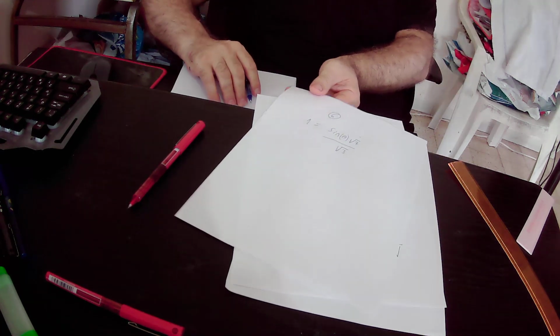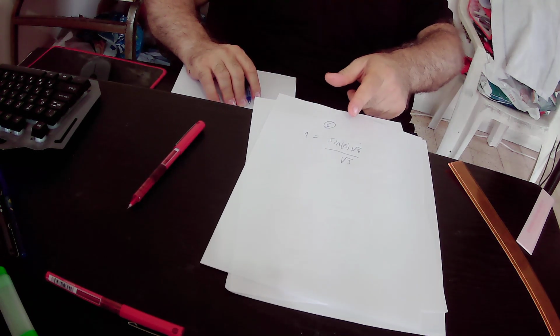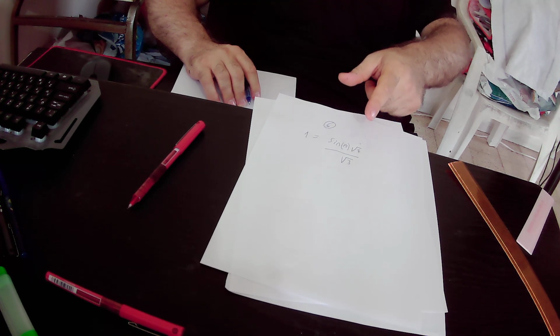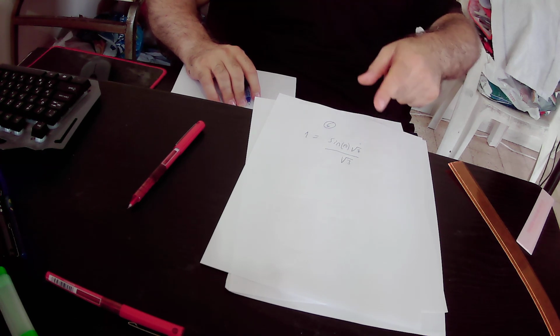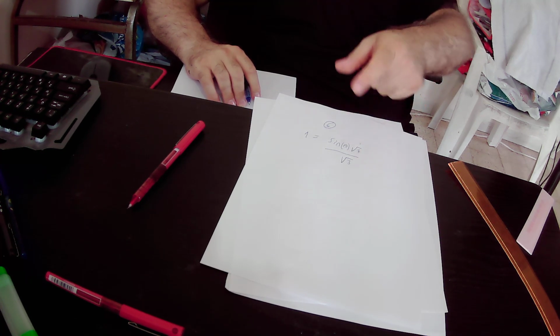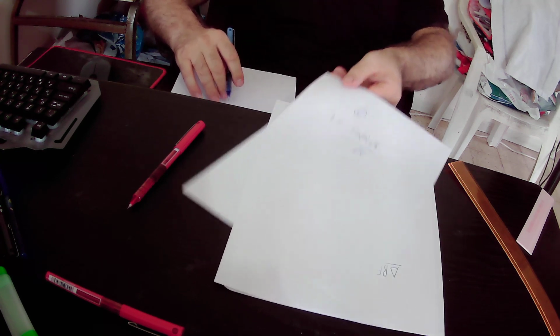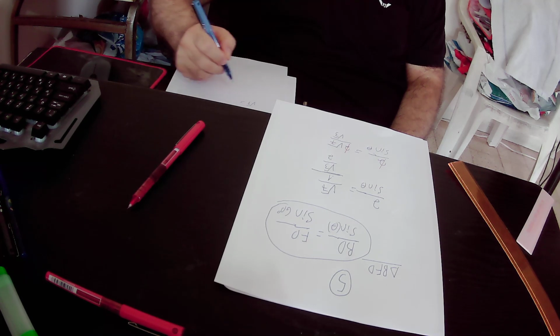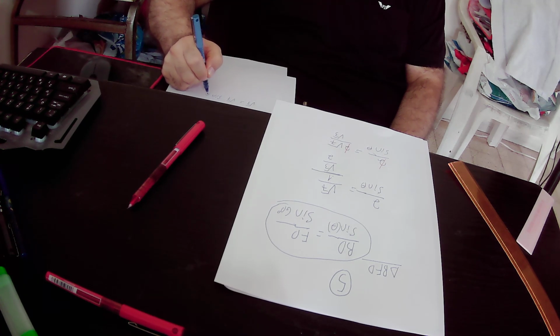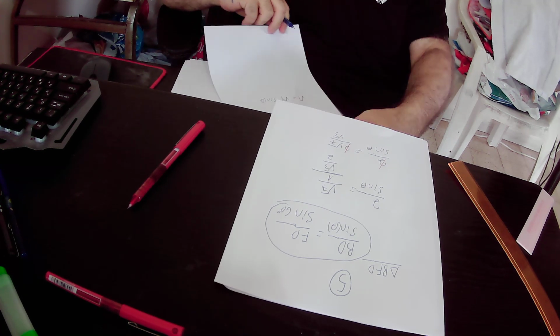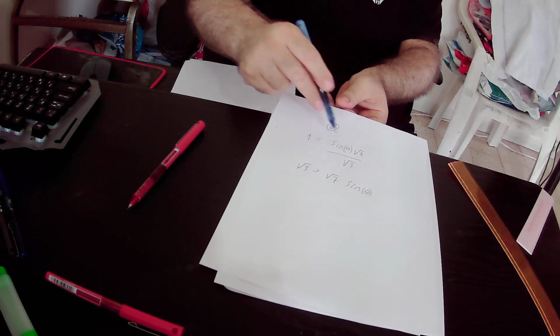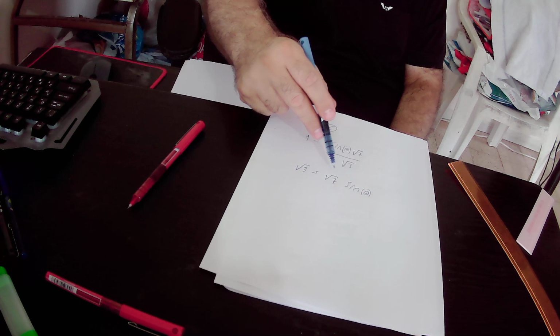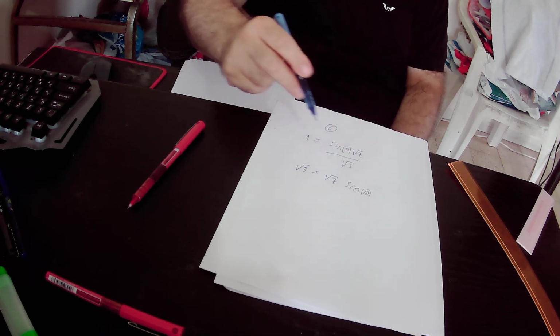We got that 1 equals sine theta times root 7 over root 3. We will multiply this equality by root 3, and we will get that root 3 equals root 7 times sine theta.